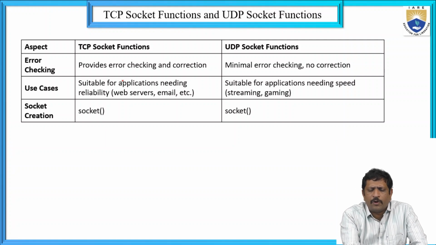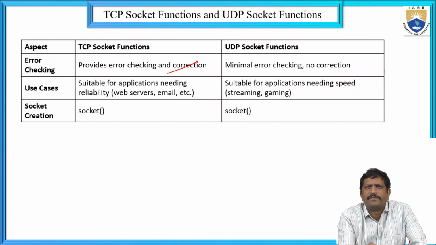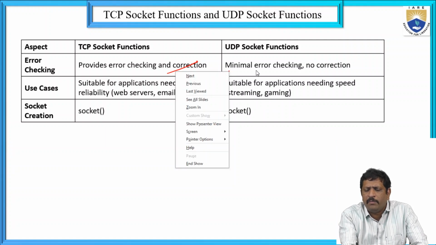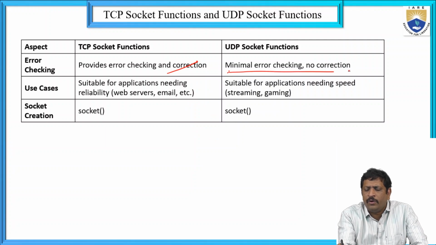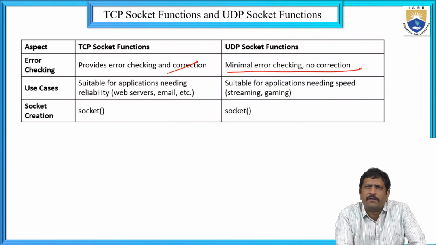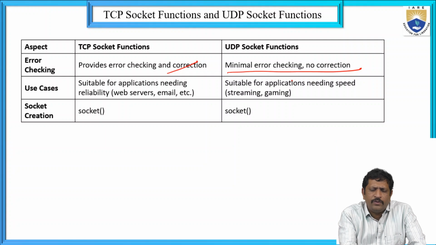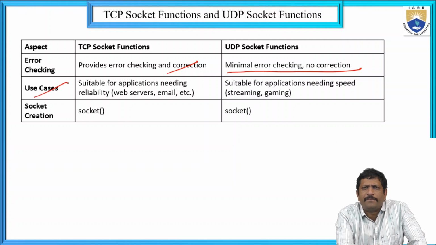The TCP socket function provides error checking and correction while transmitting the data; the receiver checks for errors and corrects them. For the UDP socket function, minimal error checking is done and no corrections are required. And then use cases, the usability.